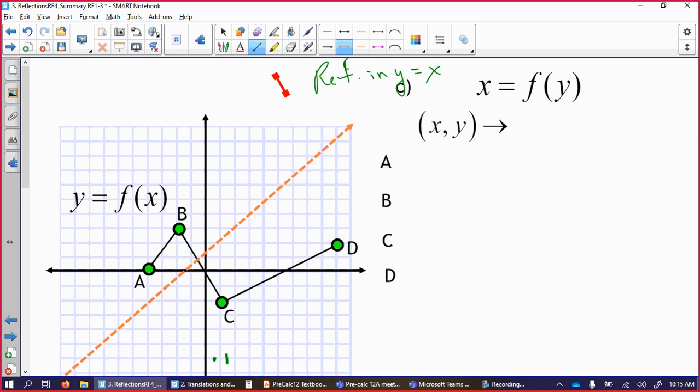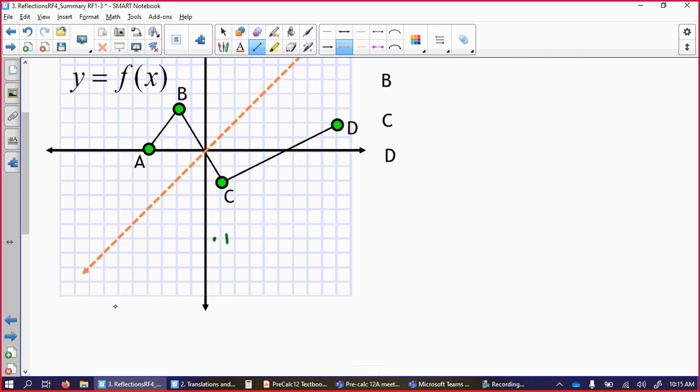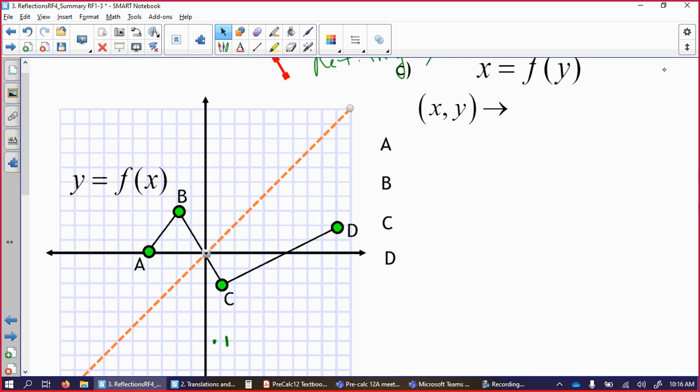I know it's a line that goes through the origin that has a slope of 1. So, give or take, that orange line there is the line y equals x. So this point is going to go onto the opposite side of this. C, like we're moving all of those.